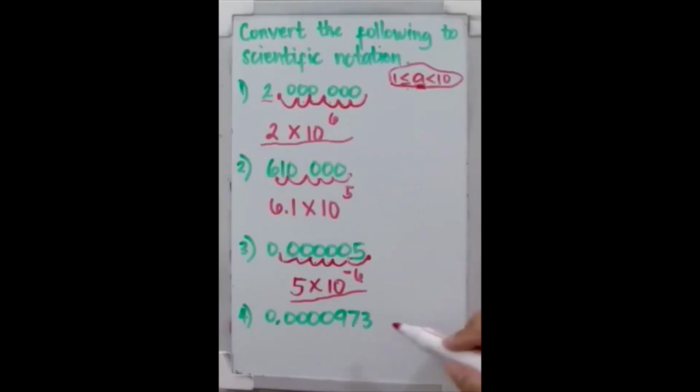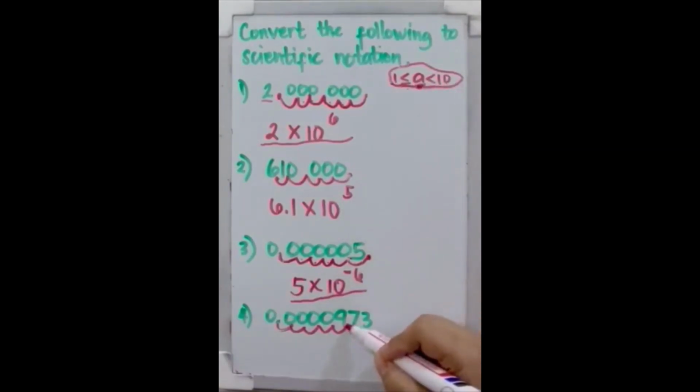Last example, here we have another decimal number, just like in number 3. We will be moving this point here, going to the right. So now we can make the movement 1, 2, 3, 4. 0.9 is less than 1, so we still need to make one more move. 9.73 is greater than 1 but less than 10.